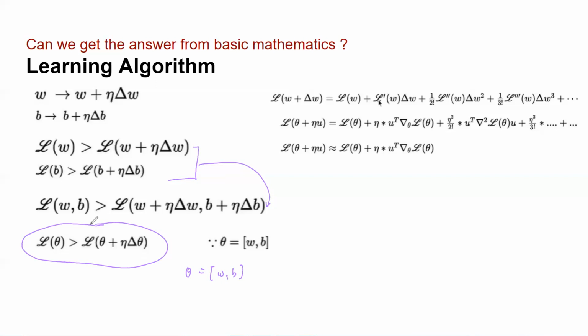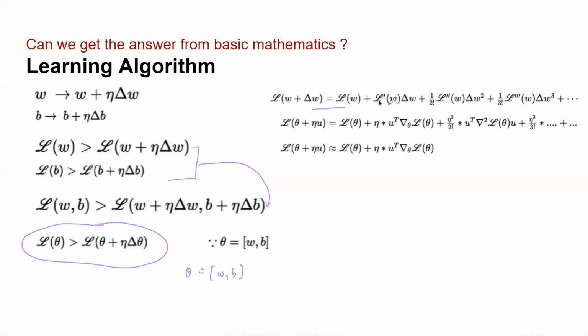Now there's something called the Taylor series, and this is the formula of the Taylor series. What the Taylor series says is that if the value of my function at any particular point is w, then if I make a slight change in the value, how my output will be impacted is given by this equation.